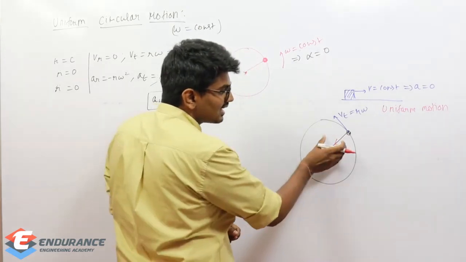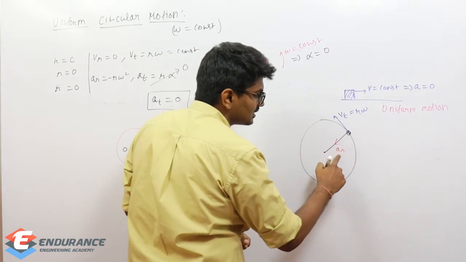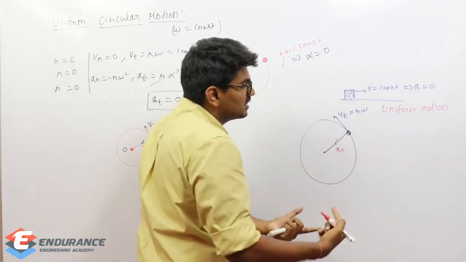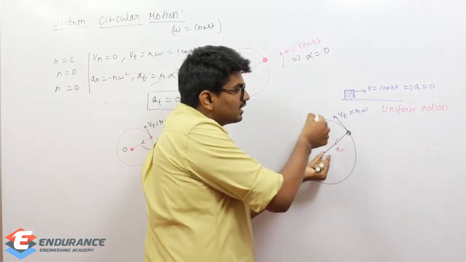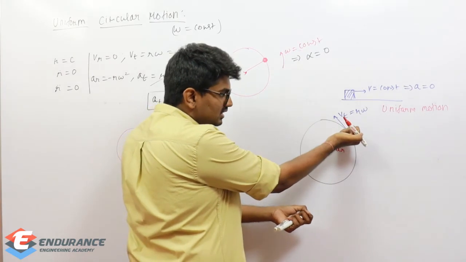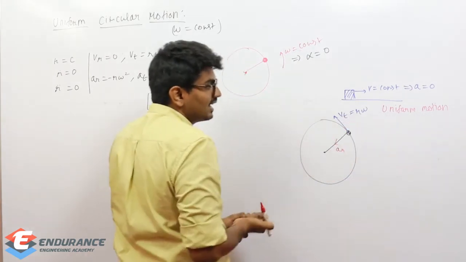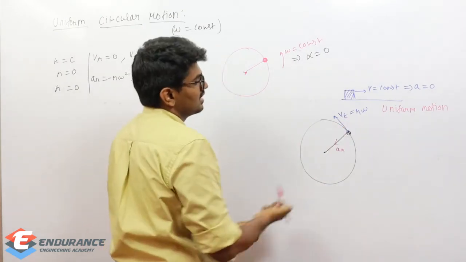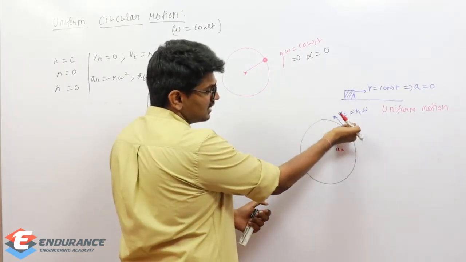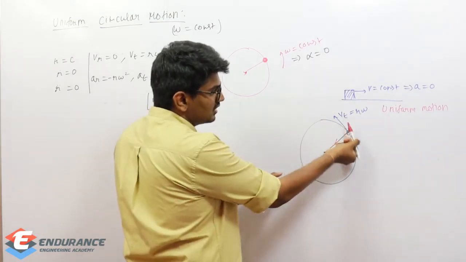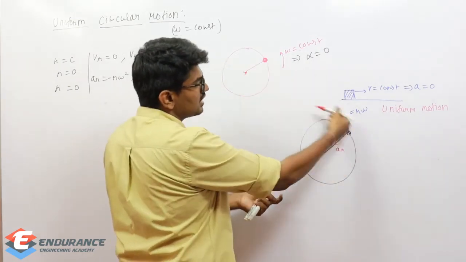This radial acceleration is going to be responsible for this particle to rotate. It is pulling it inside, and because of that effect, instead of the particle moving in a straight way, it is rotating.